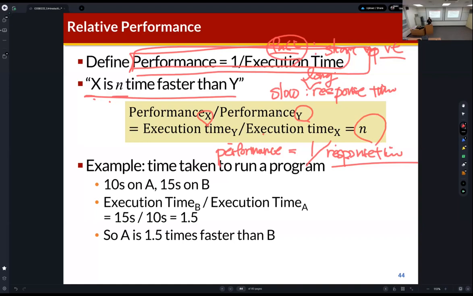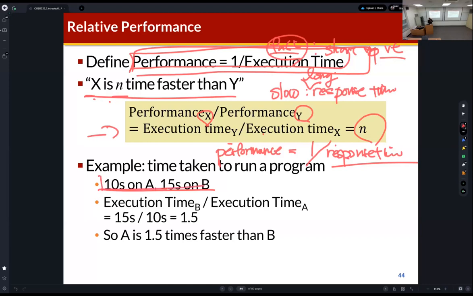This is a very simple example. I think everyone can understand this concept easily, because in the real world we frequently use slower and faster to compare the performance of different systems, right? Slower means performance is lower, which means execution time is longer.